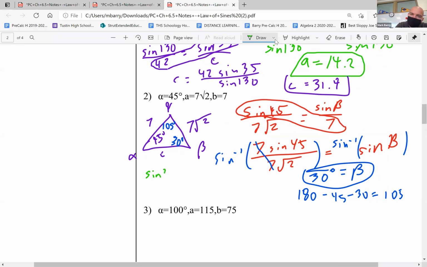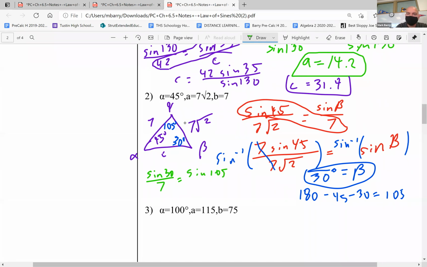So I'm going to use sine 30 over 7 for my complete fraction. I know I just said on the previous problem I like to use the given information for my complete fraction, but I don't love that 7 rad 2 right there. It's like two things multiplying, and I don't like that. So I'm going to do sine 30 over 7 equals sine 105 over little c.